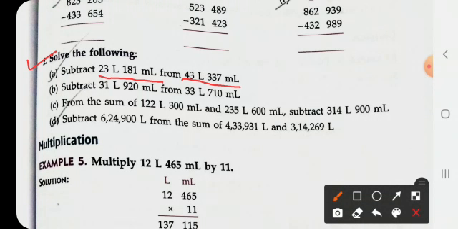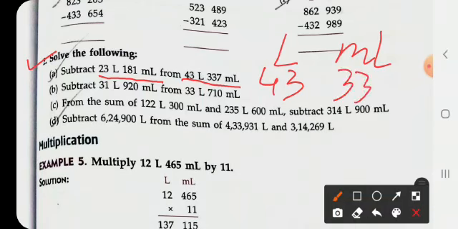Now make two heads of liters and milliliters, and the biggest number will be written first, that is 43 liters and 337 milliliters, and from this we will take away 23 liters and 181 milliliters.